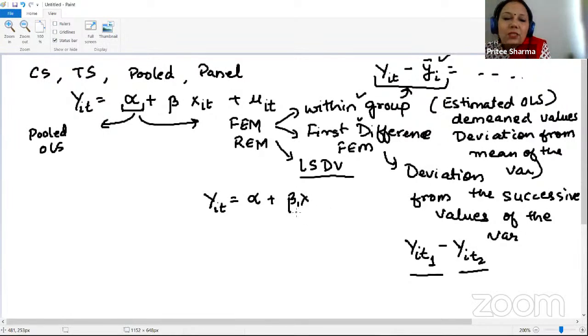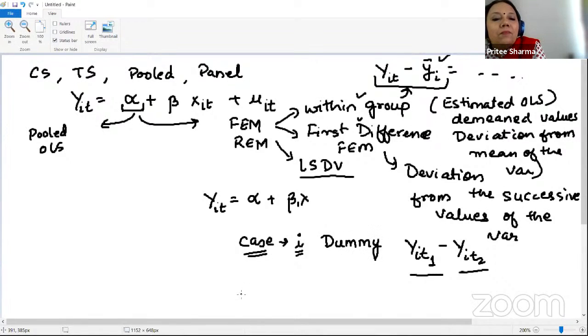Now, what we are doing here is that in case of least square dummy variable, for each entity, that is each case, and case is represented by i, we create a dummy.